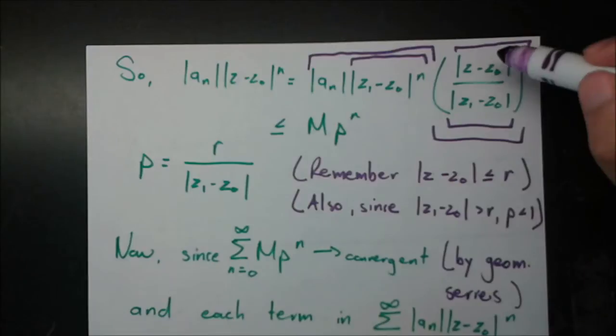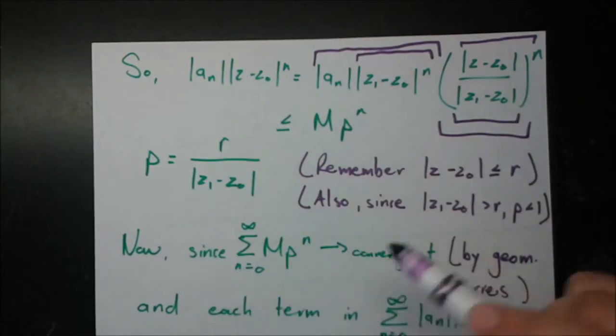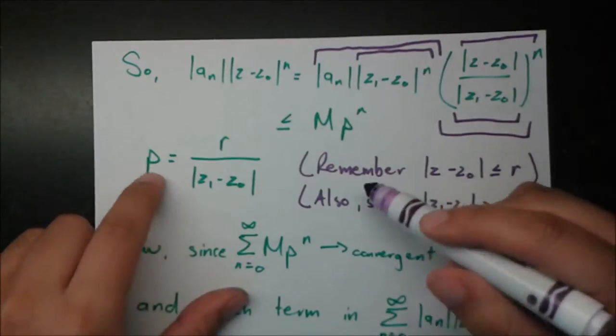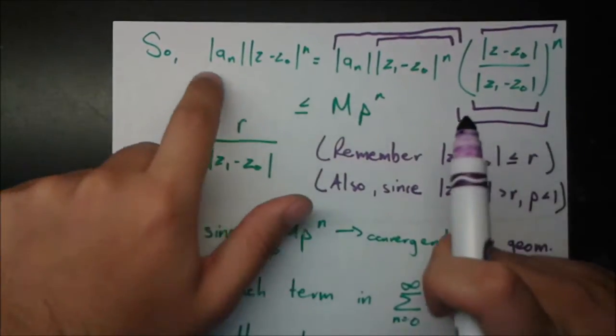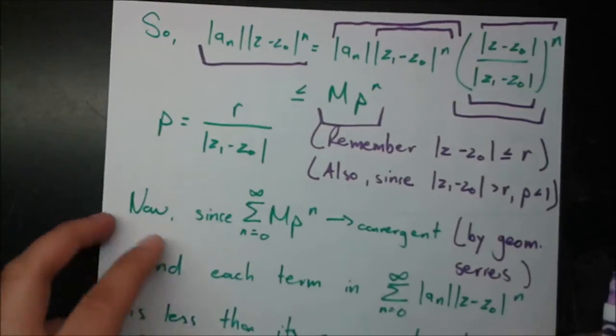So just to recap, we have modulus z minus z0 over modulus z1 minus z0, all to the power of n. And since r is greater than or equal to modulus z minus z0, p to the power of n has to be greater than modulus z minus z0 over modulus z1 minus z0. Okay, so this holds true. So that means that this right here is less than or equal to this.